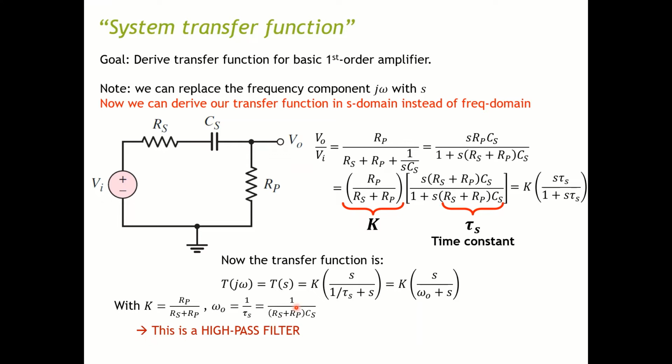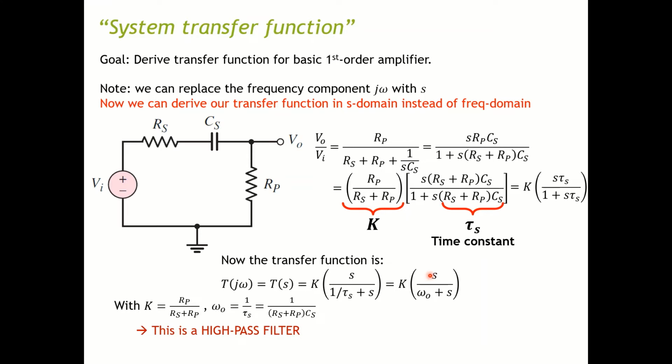So this whole thing here is a high pass filter. Some of you may ask why. Let's look at this form of the equation first. Let's assume what happens if S is equal to 0, or S is coming close to 0.